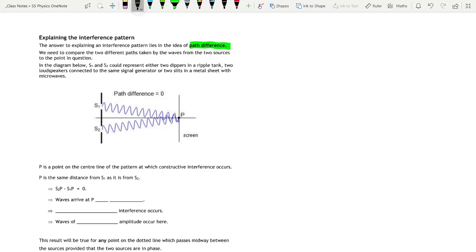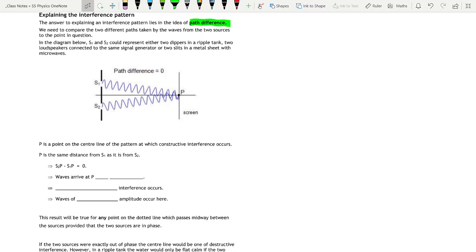Okay, so at point P there, that's right in the center. You can see that center line there, and point P is slap bang in the middle of S1 and S2. So those paths are traveling the same distance to get to point P. So point P is a point at the center line of the pattern at which constructive interference occurs. P is the same distance from S1 as it is from S2.